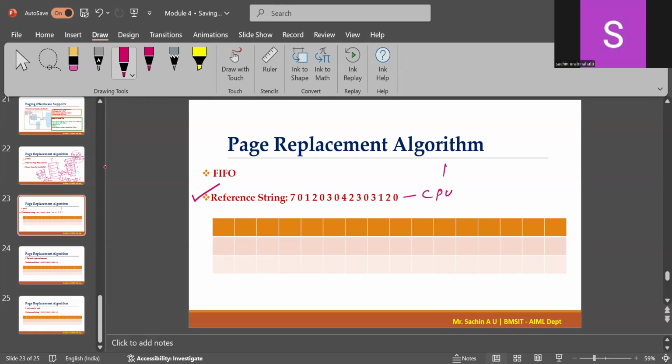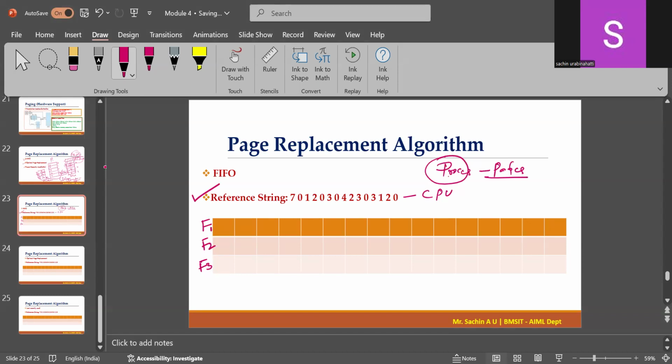We discussed in the previous video that a process is divided into pages, and these pages are stored in the main memory, which is divided into frames. Here in the main memory we have three frames dedicated to this process.